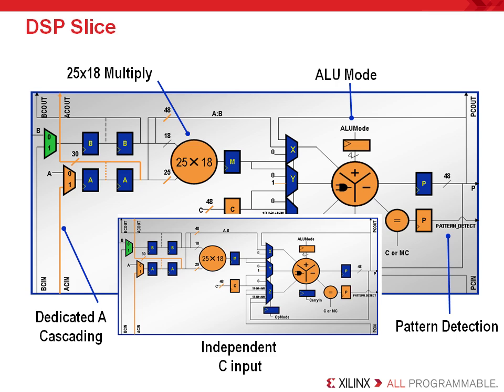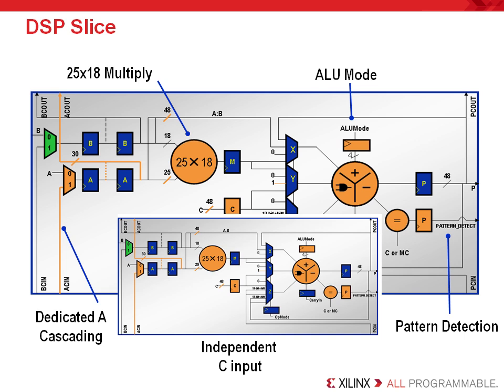Another dedicated hardware resource that is frequently used is the DSP Slice. This resource is designed to build large arithmetic functions typical of DSP applications that run at a very high speed. As you can see from this slide, it contains a dedicated hardware multiplier capable of a 25 by 18 multiplication. It also contains a large programmable accumulator that is capable of subtraction and other functions.